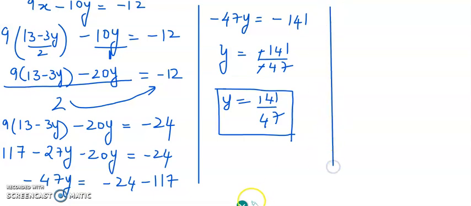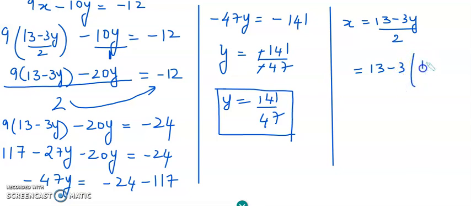So we'll say x is equal to 13 minus 3y divided by 2, which is 13 minus 3 times 141 divided by 47, all divided by 2. I don't think the 47 is divisible. Okay, so we'll take the denominator.